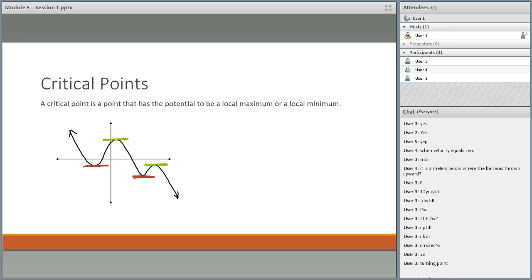Very good. They're all a point where the graph is changing direction from either decreasing to increasing or increasing to decreasing.